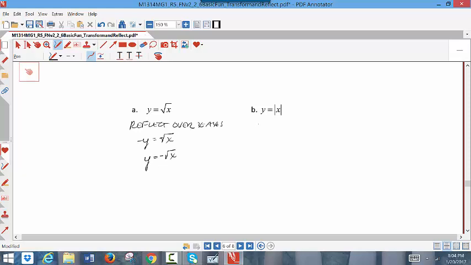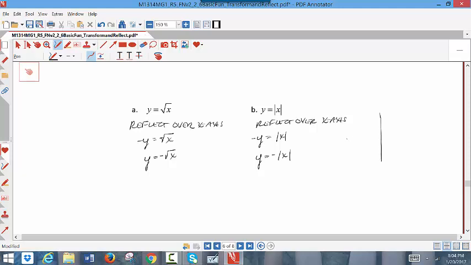The same thing with the absolute value of x. If I reflect over the x-axis, then I would take y and replace it with negative y, and then divide both sides of the equation by negative 1, and the reflection would be y equaling negative absolute value of x.